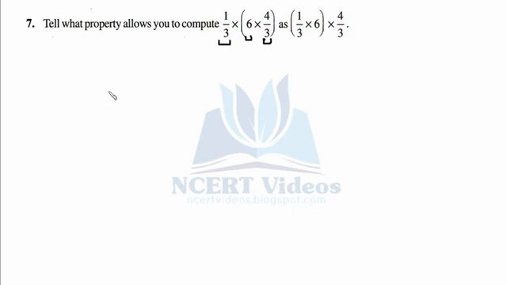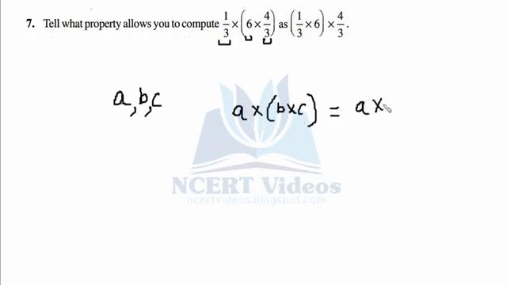So what happens in associativity? Suppose you have 3 numbers, A, B and C, obviously separated with commas because they are different numbers. So if we first multiply A into B into C, that is, we are first multiplying the second and third number, this equals, that is, this doesn't change value, if we write it like this, first we multiply A into B and then we multiply C. So the same is happening here.